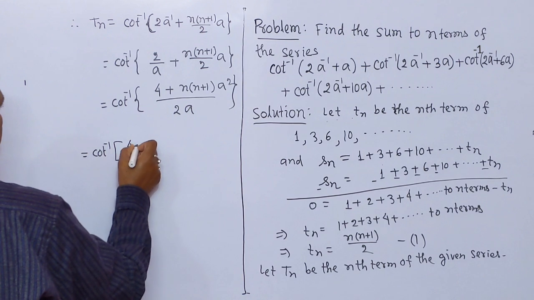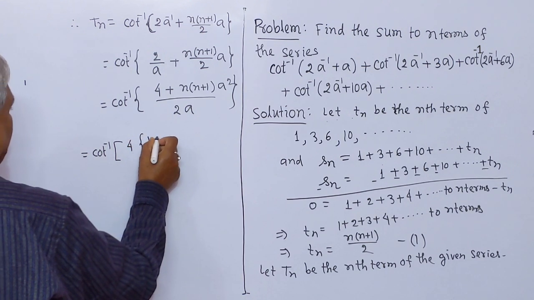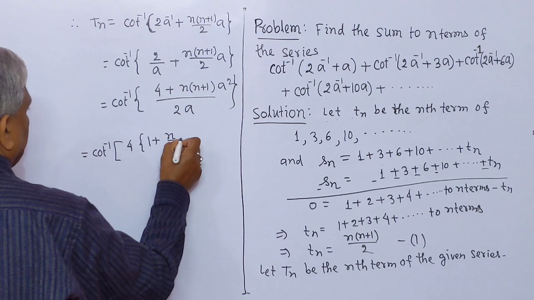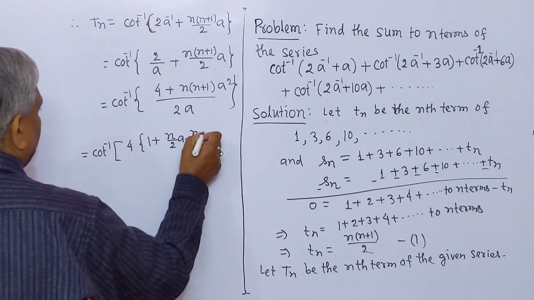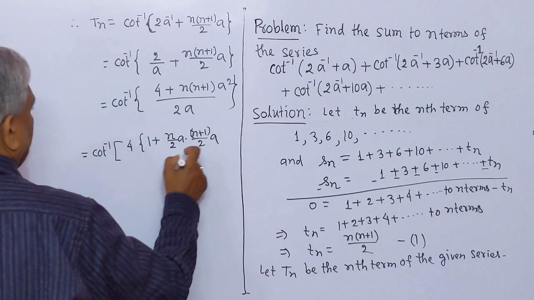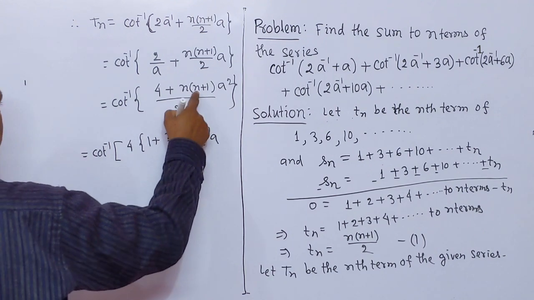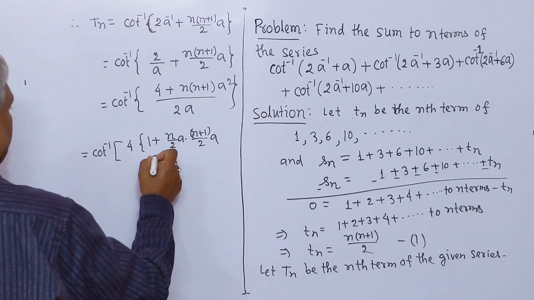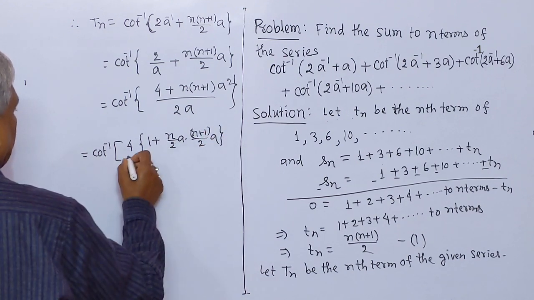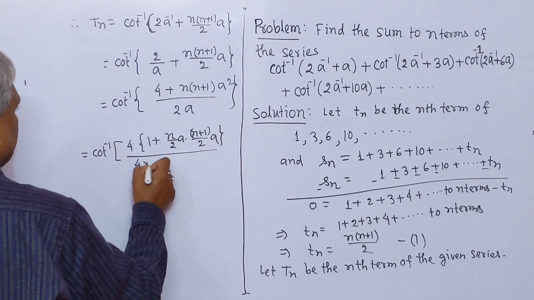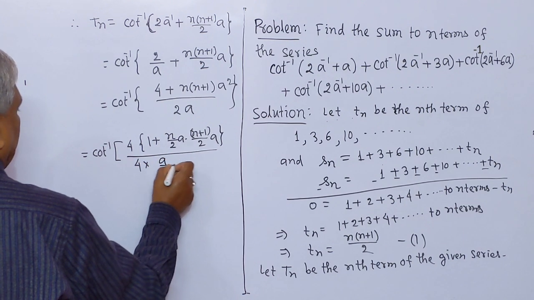We take common 4 here: 1 plus n by 2a multiply n plus 1 by 2a. Here n into n plus 1, here 4 and a square. Here we take common 4, so remains a by 2.